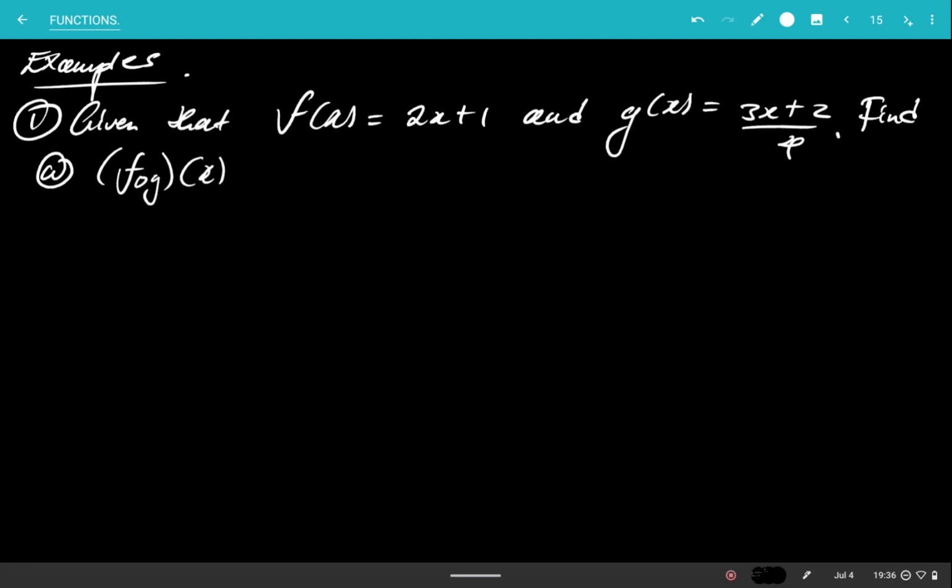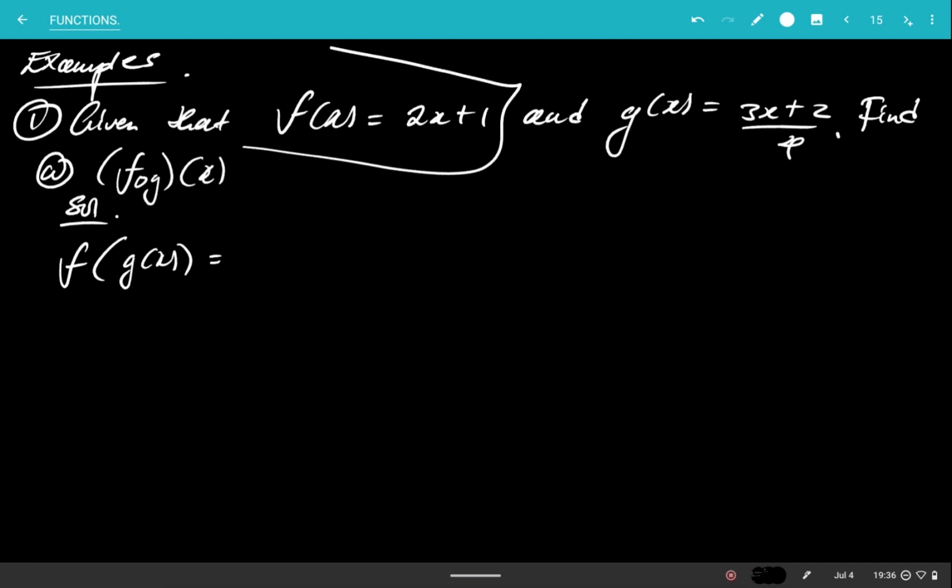So now what we have to do is to understand that when we have this, it simply means that in our f function, wherever there's x, we're putting our g of x function. So which means that I have to get my f of x function, which is this guy here.